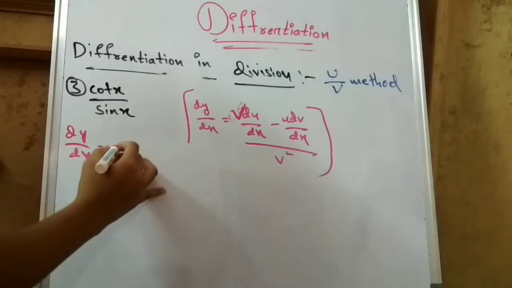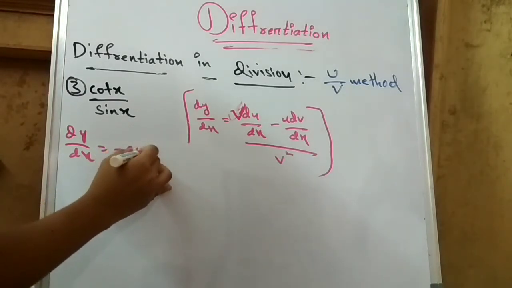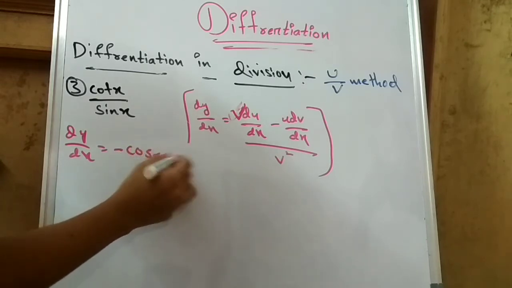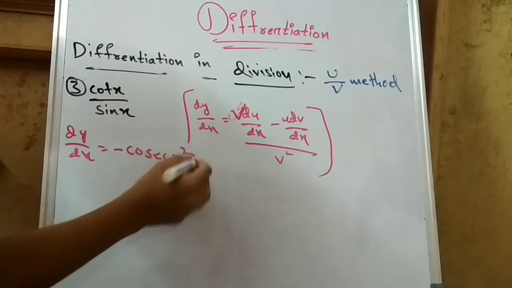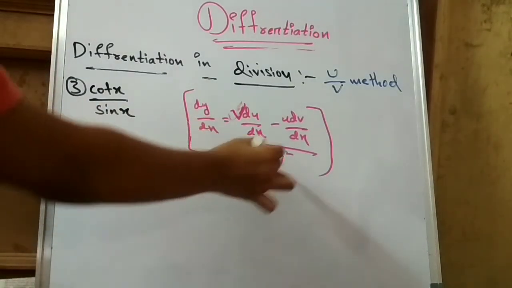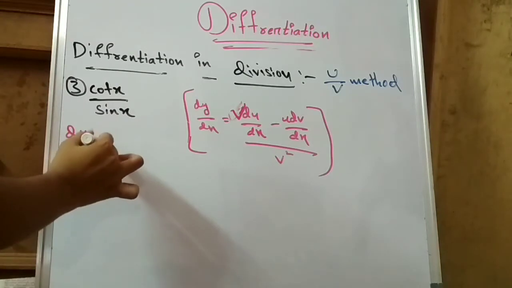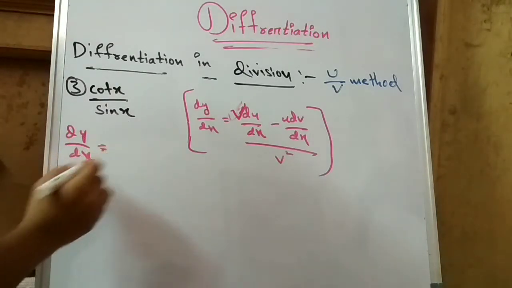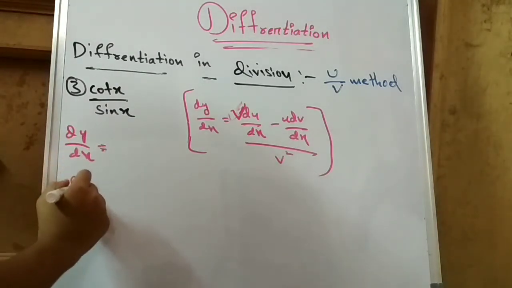Okay, so minus cosec x square, minus cosec x square. Okay, just a second. Sorry children, I did a little bit wrong. First we need to take v. And what is v? Sin x. So we will put here and below. So we'll keep sin x.